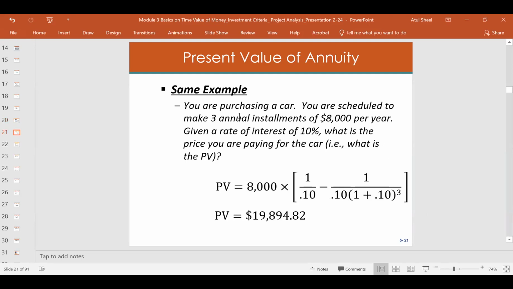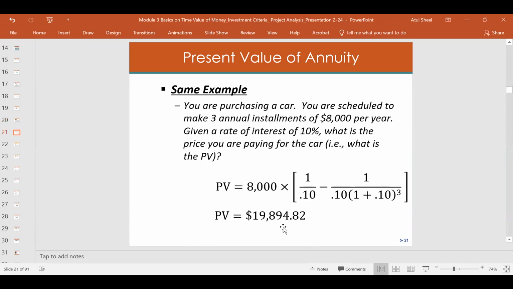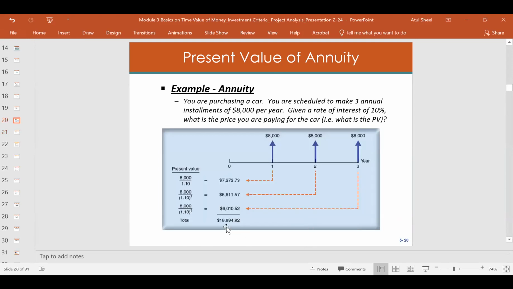In the same example, you are scheduled to make 3 annual installments of $8,000 per year. If you use the present value of an annuity formula and apply this, you'll get the same answer. Sorry, $19,894.82.